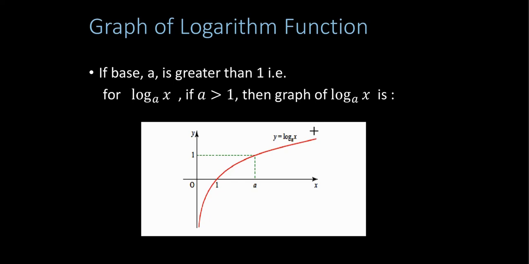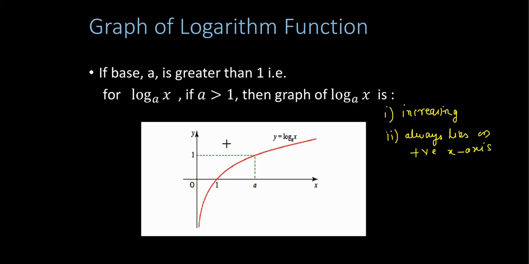Okay, this red function. Now here are some points that we can note from this graph. First, it is an increasing graph, as you can see. Second, it always lies on the positive x-axis.